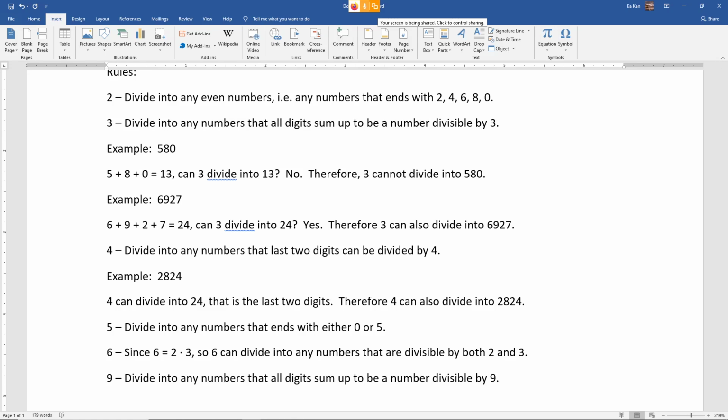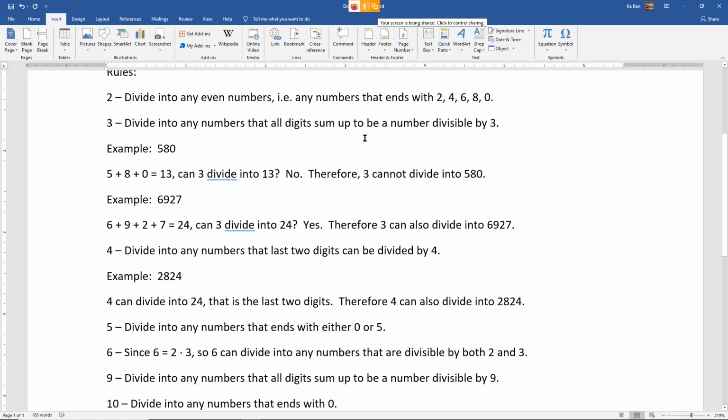So it's almost like 3, but this time it's divisible by 9. 10. And this one divides into any number that ends with 0, of course. That one's easy. So basically that sums up all the rules.